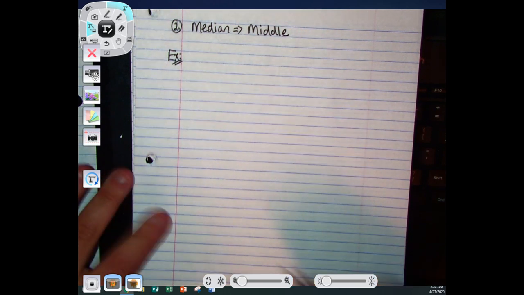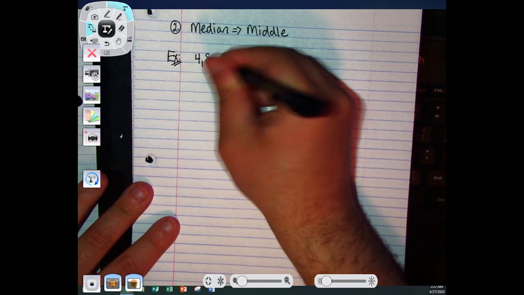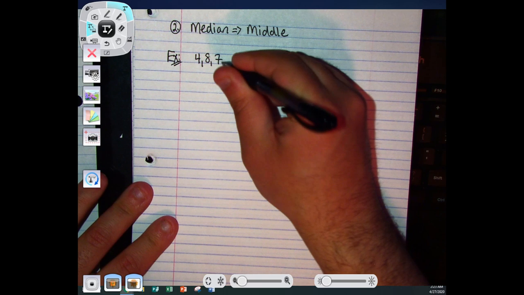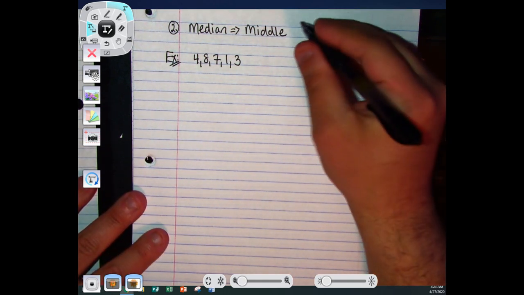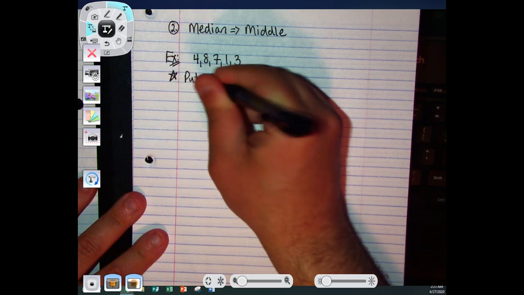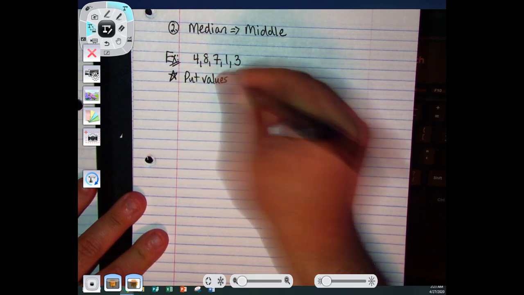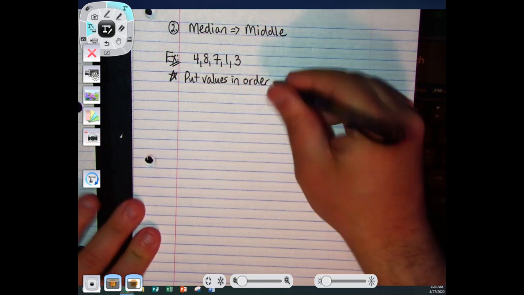So for example, if I give you 4, 8, 7, 1, and 3, and it'll say find the median. The important thing about the median is that we have to put the values in order from least to greatest.